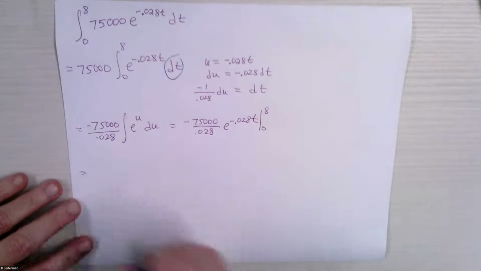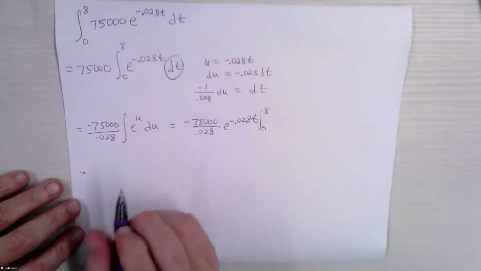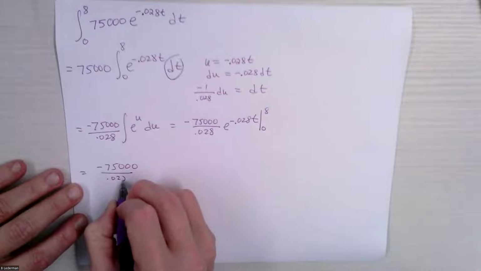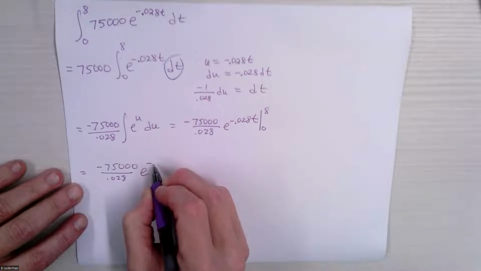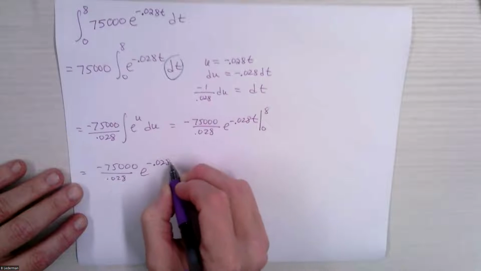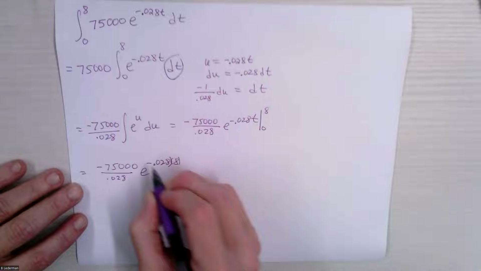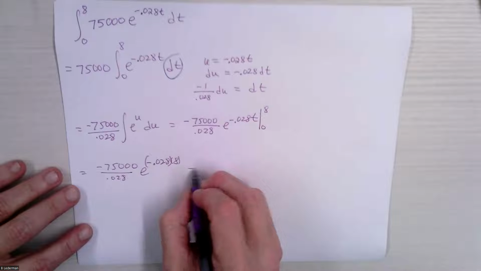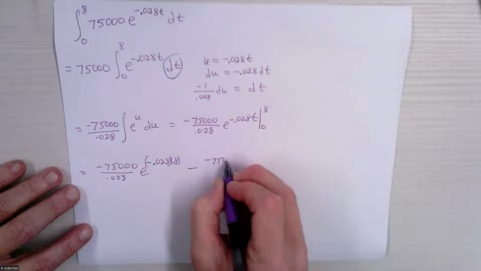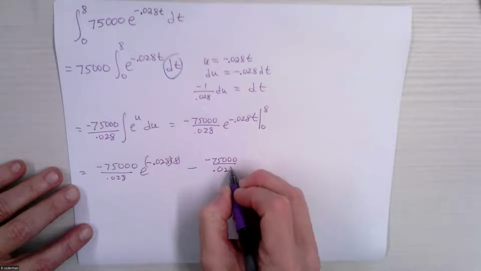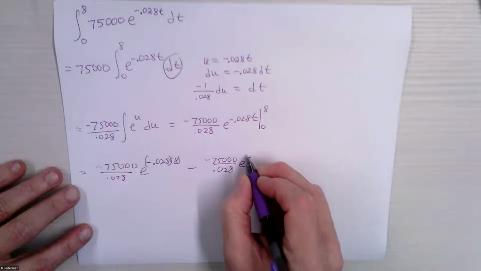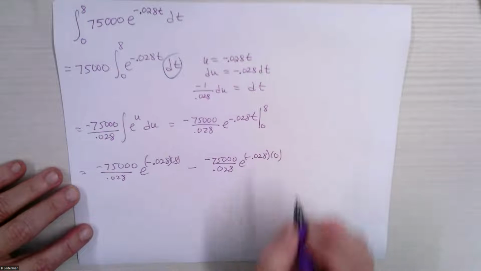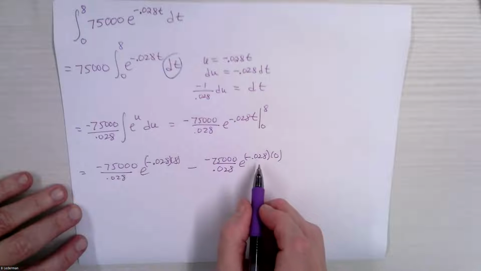So this is going to equal negative 75,000 over 0.028 times e to the negative 0.028 times 8, because 8 was the value of t, minus negative 75,000 over 0.028 times e to the negative 0.028 times 0. And of course, that's just e to the 0, which is 1.